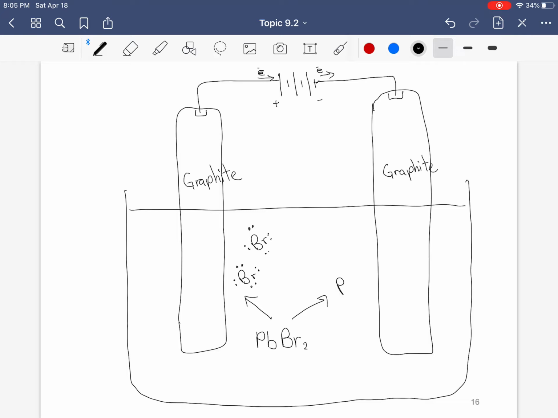Makes more sense because of how I put my battery. I should have reversed the battery, but then no big deal. Let me just redraw this. So I have 2 bromide ions here. Okay, they're both negatively charged. They don't want to be negatively charged. They'd rather be neutral. In order to be neutral, these 2 bromine want to come together to form Br2.